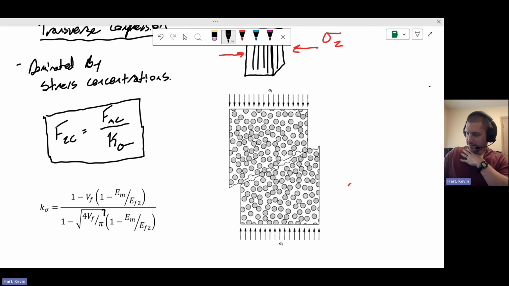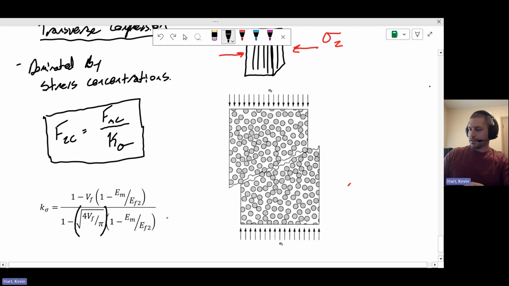Just to be clear, this square root ends here. I think I've seen that error from students before, is that this is kind of its own unit. So make sure that you're not including this bit in the square root over here, okay? All right, that's transverse compression failure.